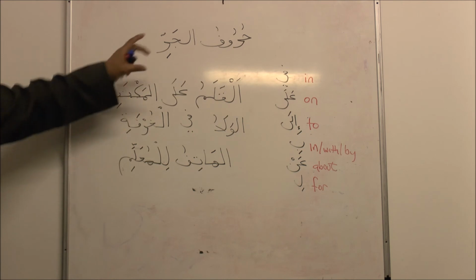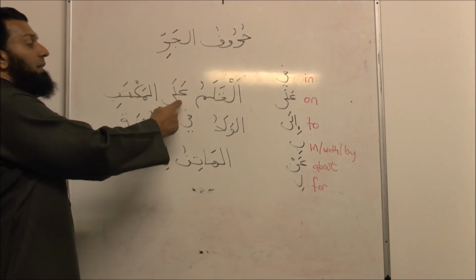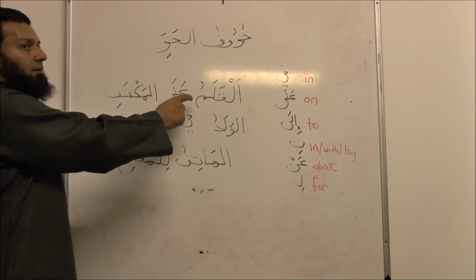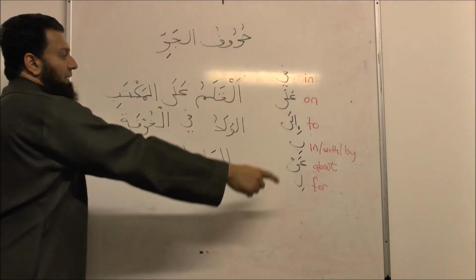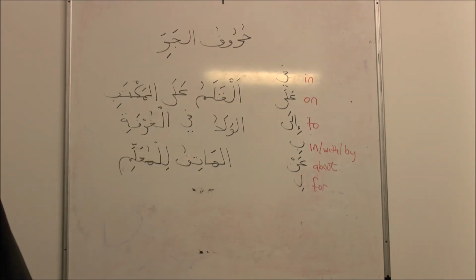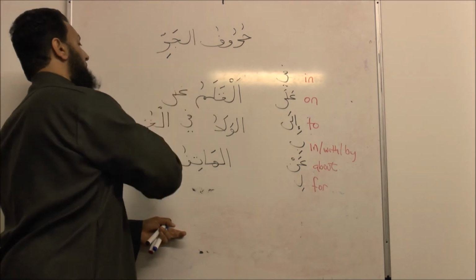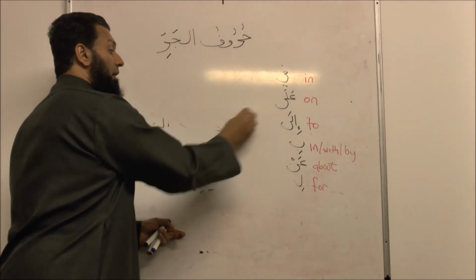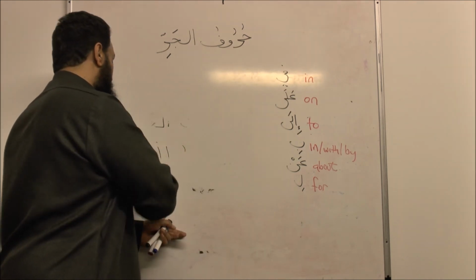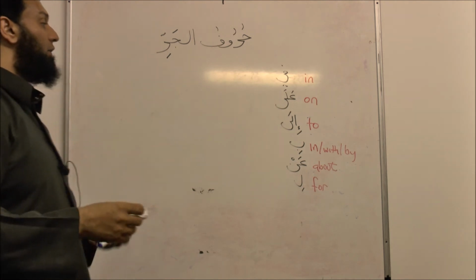So that is an example of harfu jarrin, a preposition, in a jumlatul ismiyya. But to complete, we also need to look at how a harfu jar is included in a jumlatul fi'liyah.